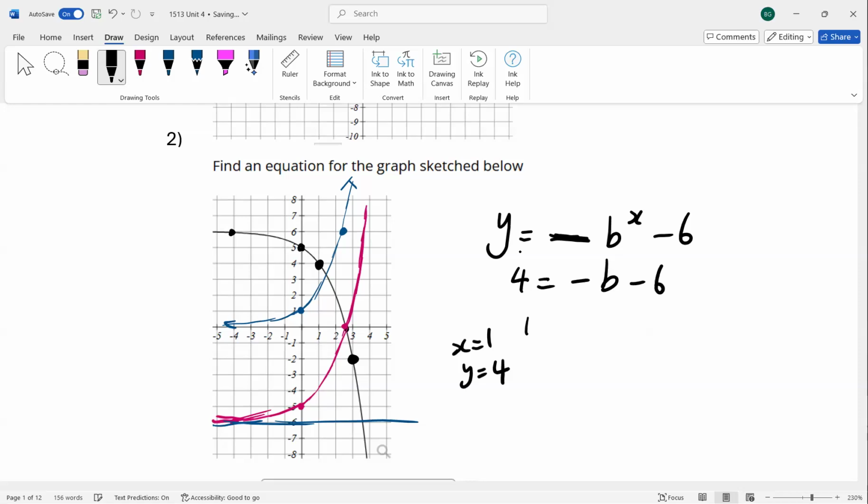So 12. 4 equals 90b plus 6 plus 6. 10 is negative 10. Of course, b cannot be negative 10. 1, 4.